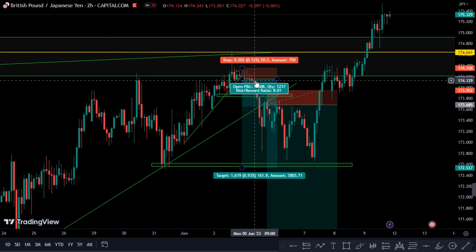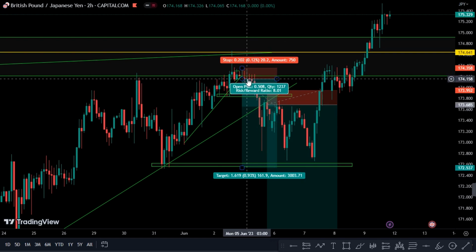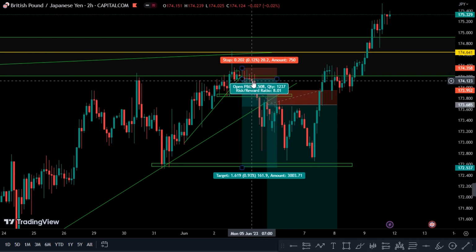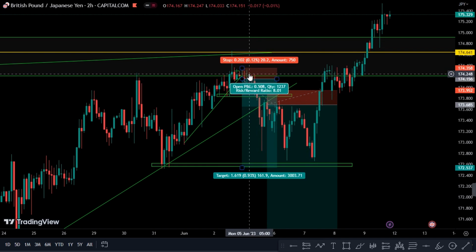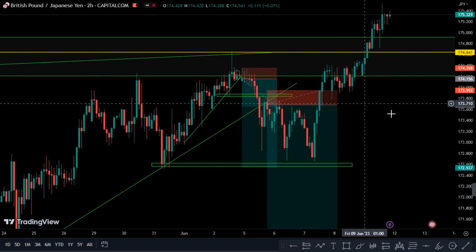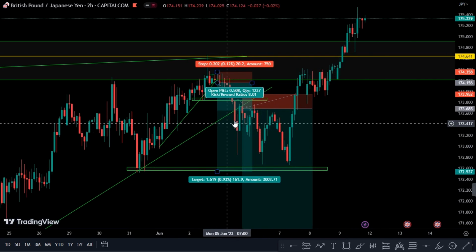So we entered here as soon as the market gave us all the price action that we were waiting for. As you can see, beautiful rejections that we had at this significant resistance level after the pin bar that we previously talked about. This area right here was our first take profit.